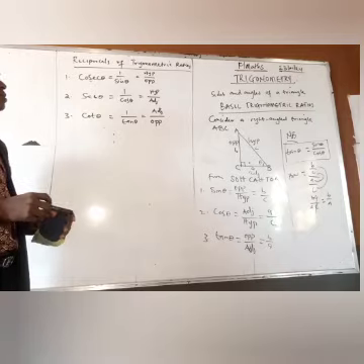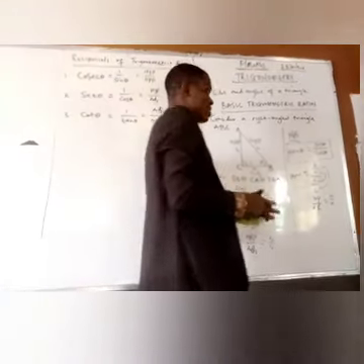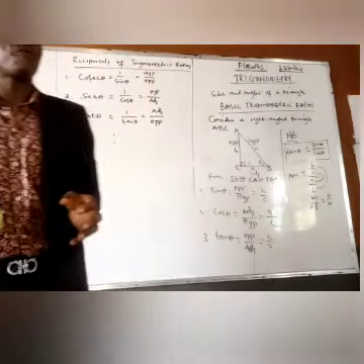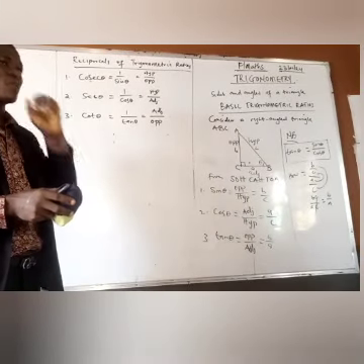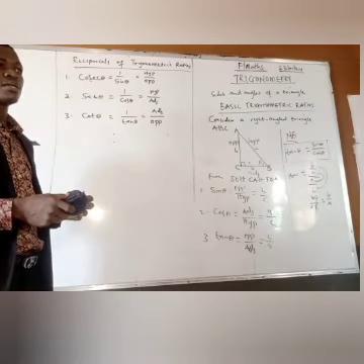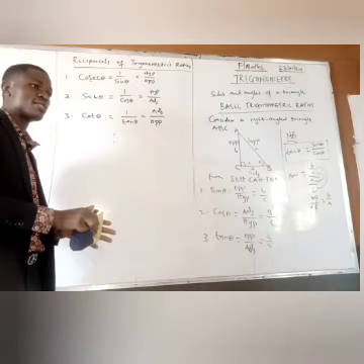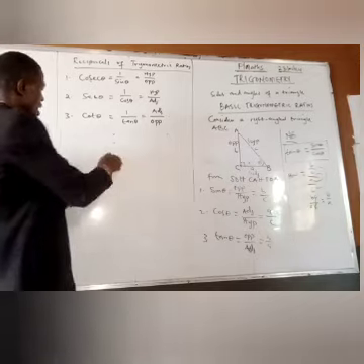Now, let's look at 3 basic identities you must remember in trigonometry. If you are talking about trigonometry, you must remember these 3 basic identities. Why are they called identities? Or better still, what is the difference between identities, equation, and function?